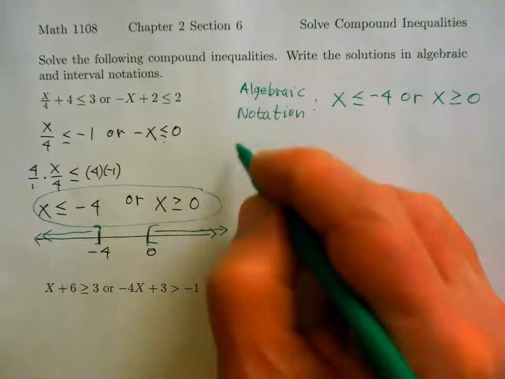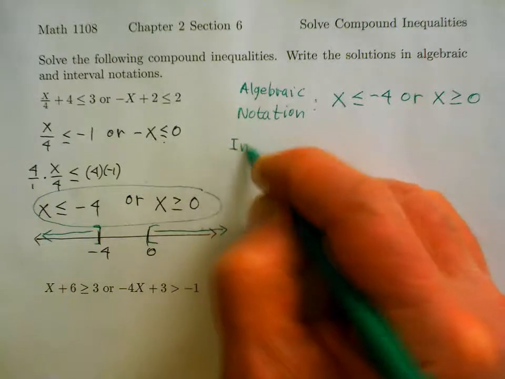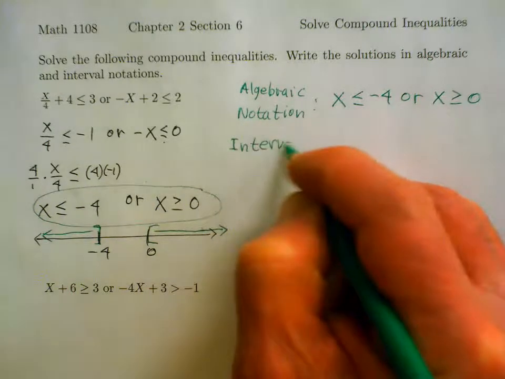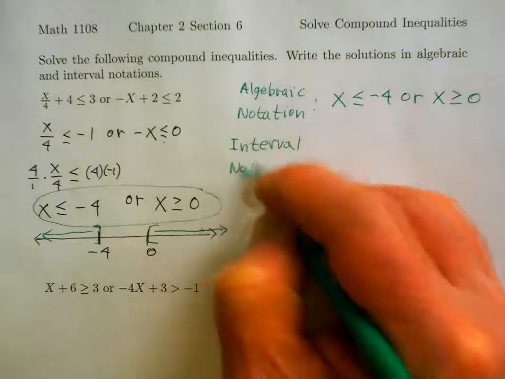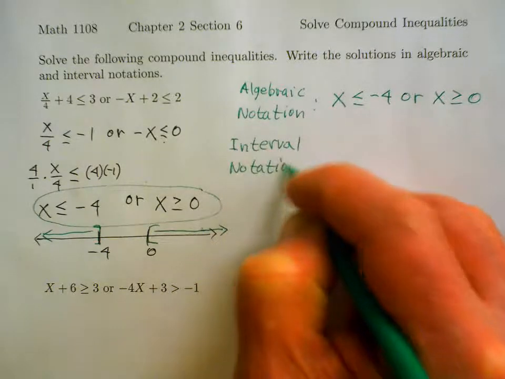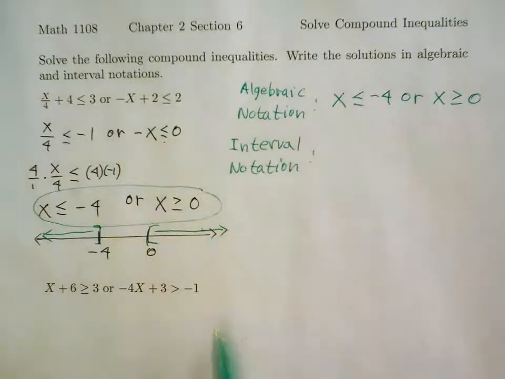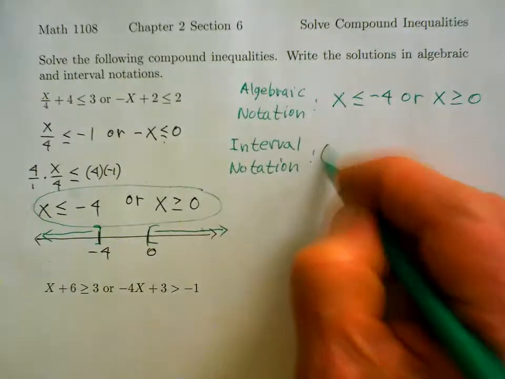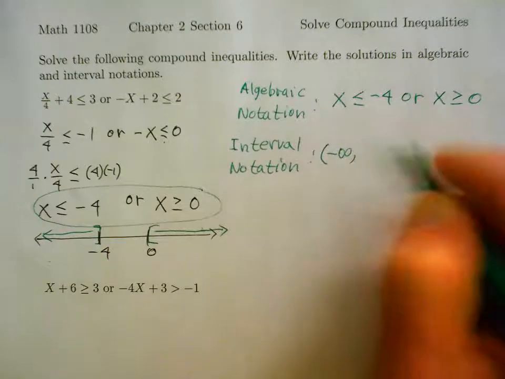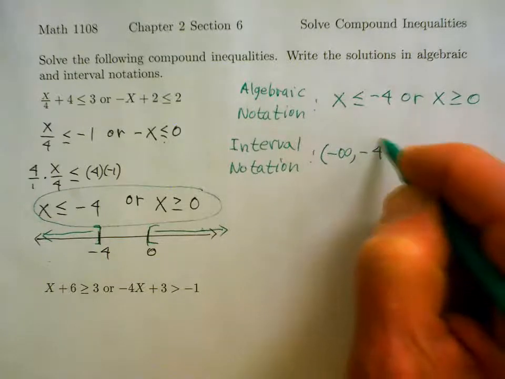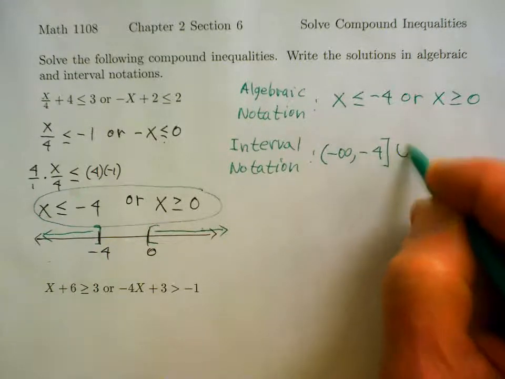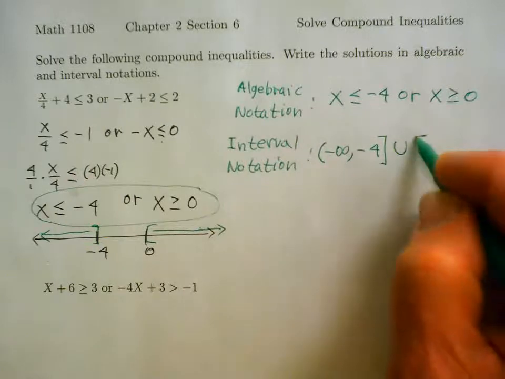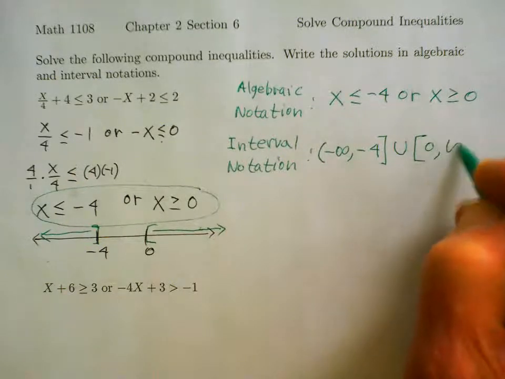And then the interval notation: parenthesis, negative infinity, comma, negative 4, bracket, union symbol, bracket, 0, comma, infinity.